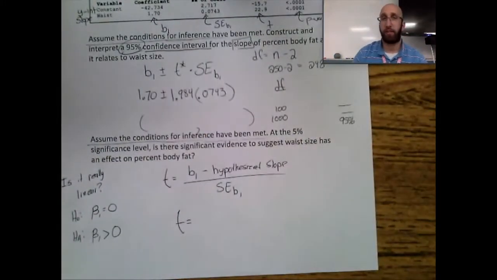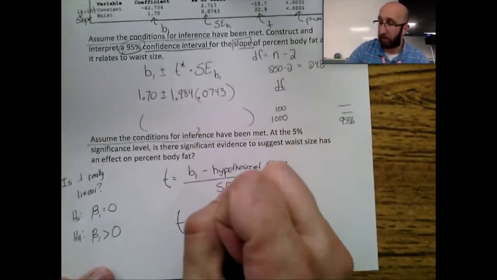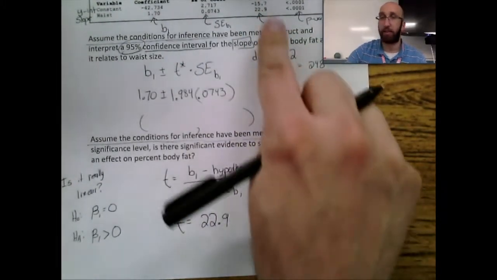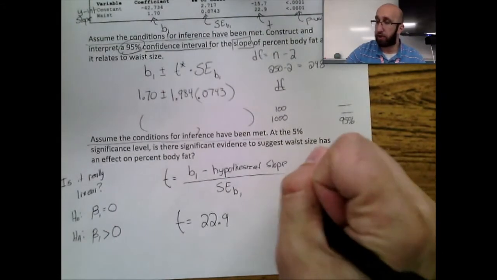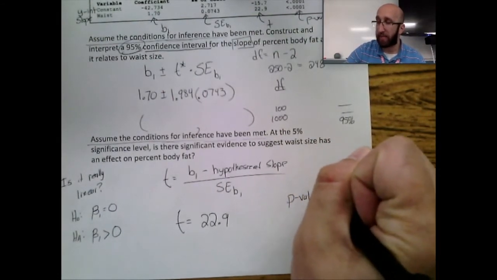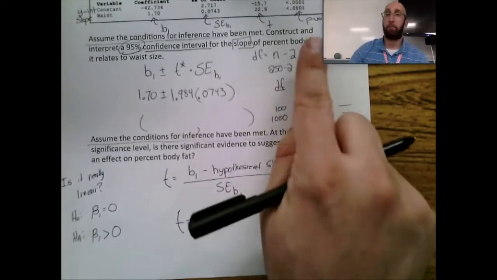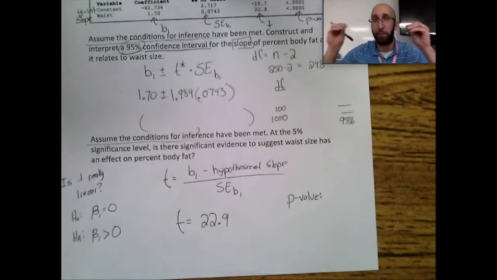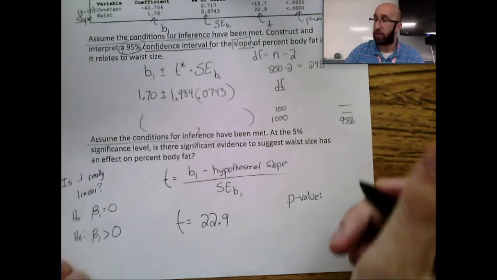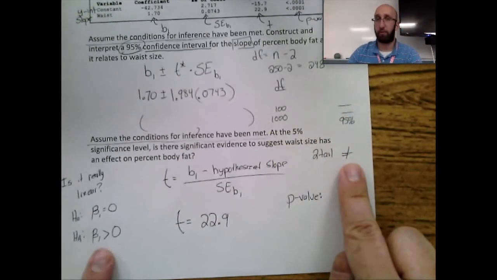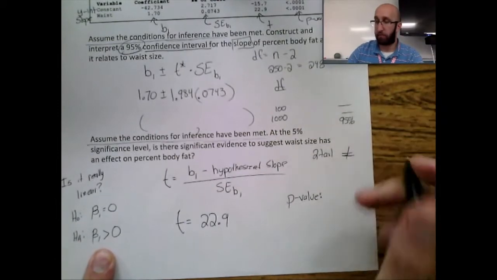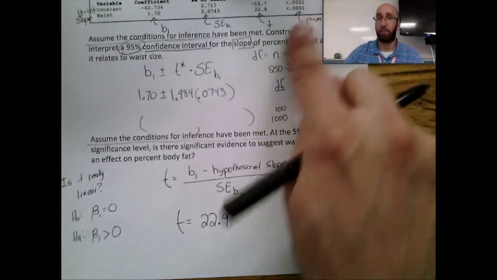So here's the deal. The t, we already have it. It's 22.9, and that's just from looking at my t-score up above. My p-value, you just have to be a little bit careful because that p-value is for a two-tailed test. And remember, two-tailed tests are when we're not equal to in my alternative. I'm doing a one-tailed test.